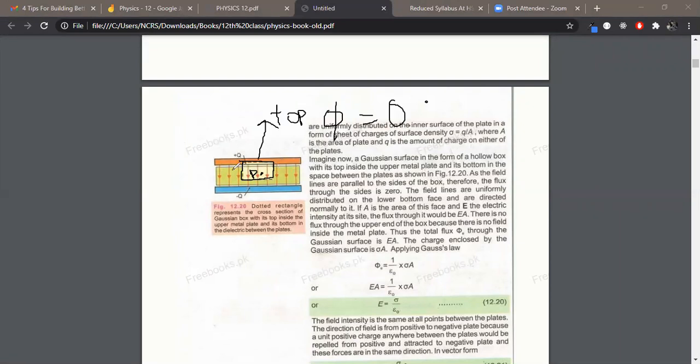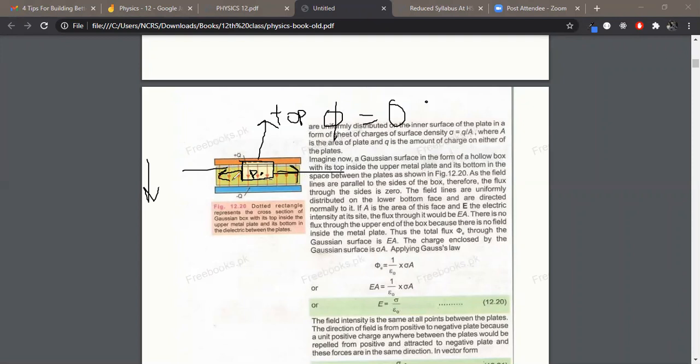And on the left and the right hand sides, the electric field is downwards, and the surfaces are also along the same direction. So the area vector will be perpendicular to them. The area vector of the left hand side will be, suppose, in this direction, and the area vector on the right hand side will be, suppose, in this direction.